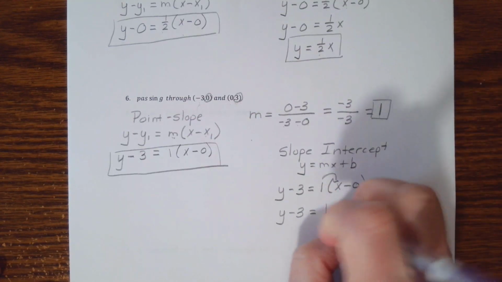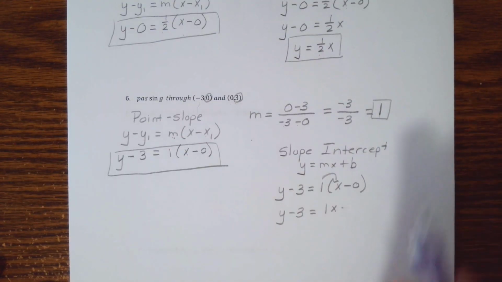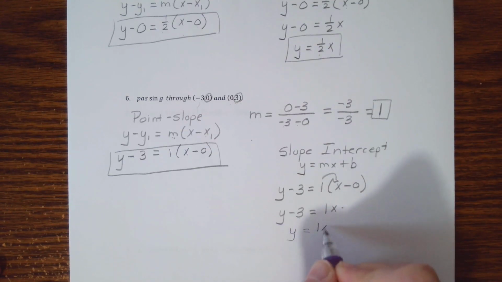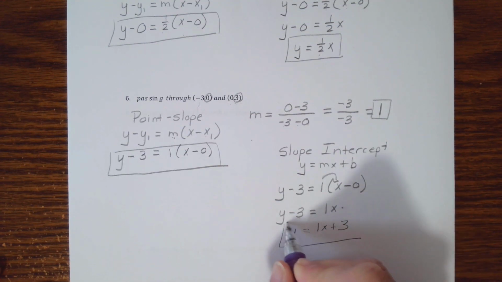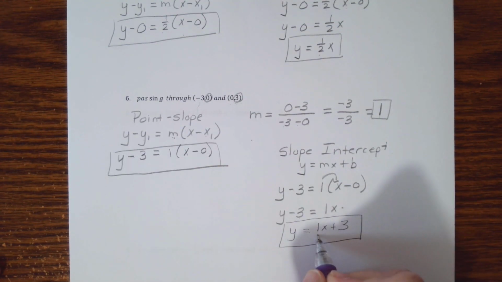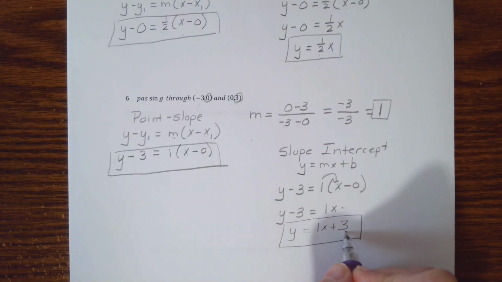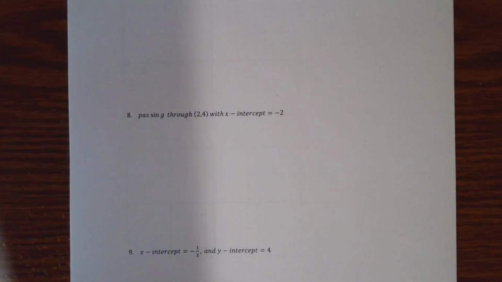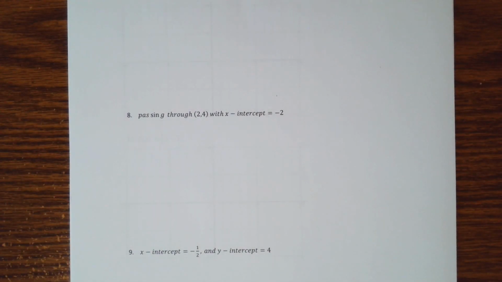Oh, I don't even need to put that. That's just 0. I'm going to bring the 3 over here. So this is going to be y is equal to 1x plus 3. And there we go, slope-intercept form. 1 is my slope, 3 is my y-intercept. Okay, well, let's see what we have next.